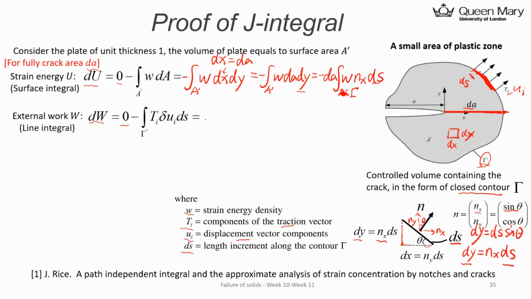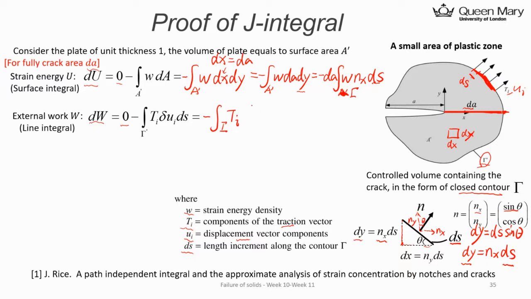And there's some trick here again, which is to think about how to change this. The Ti is the same, but now I want to change this delta U to something related to the coordinate system X.